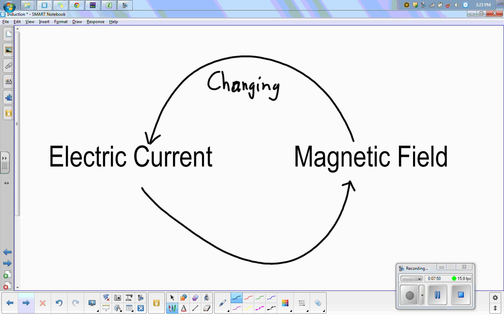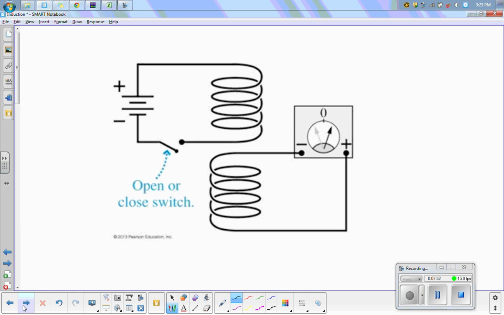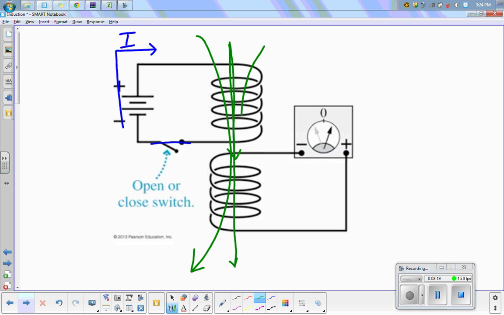This is exactly what Faraday invented. This is Faraday's apparatus, also called a transformer. What he did in the top coil, he closed the circuit, ran some current through this top coil. When you get current going through a coil of wire, you end up with a very, very strong magnetic field running through this coil. This very, very strong magnetic field jumps the gap from coil to second coil.